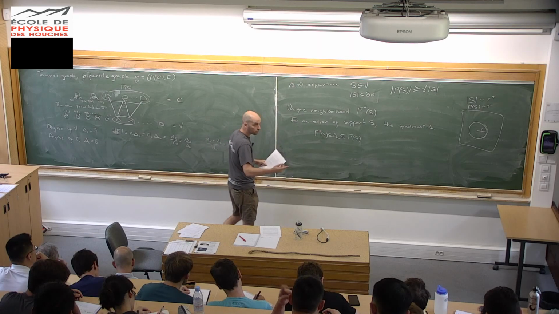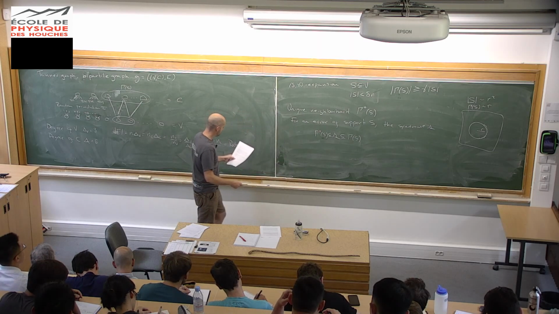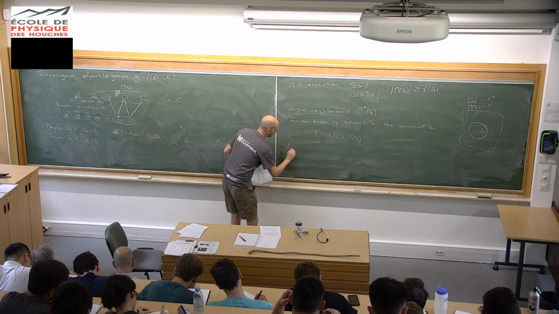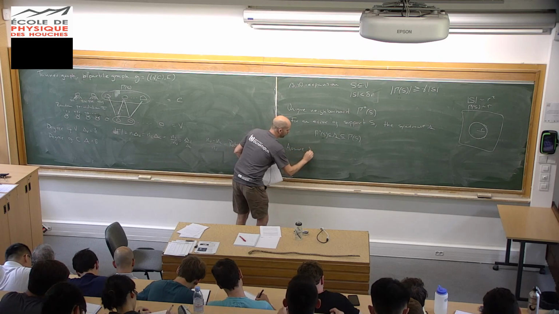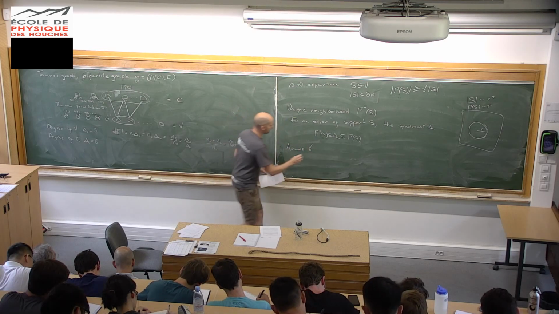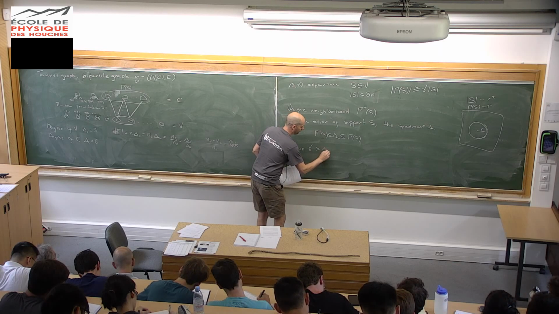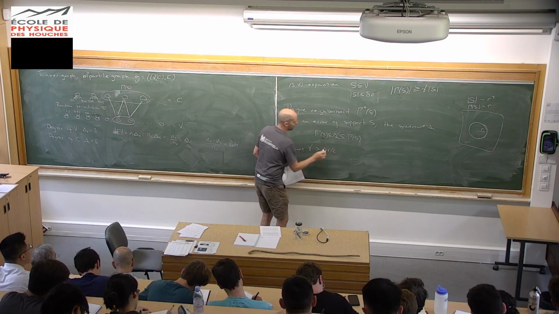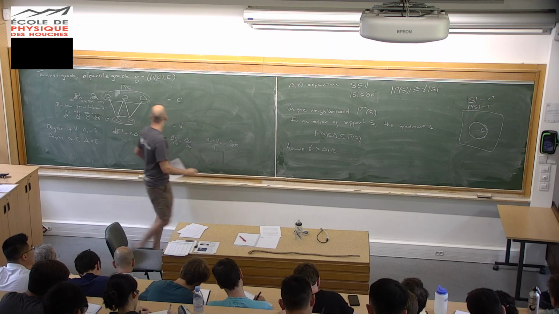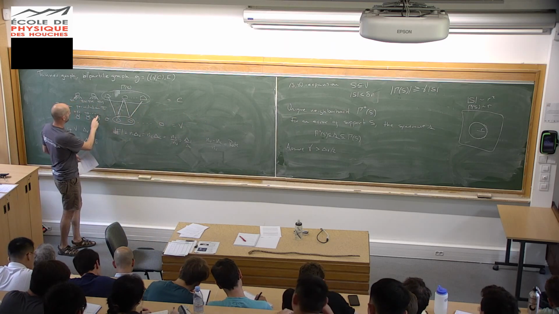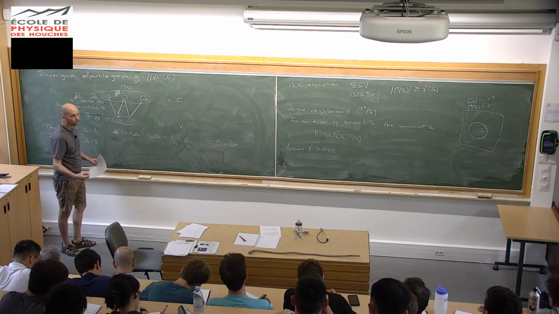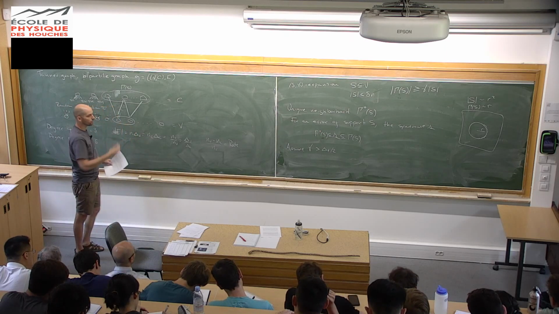For this, we need to assume something about the expansion. Assume that your expansion parameter is larger than delta V. Delta V is the degree down here. So here we need some expansion. In this case, it would be 1.5.